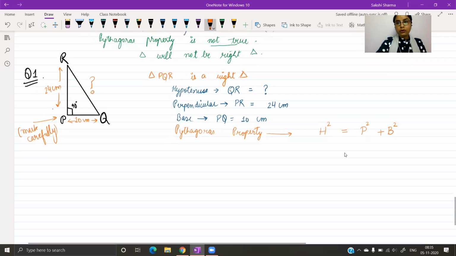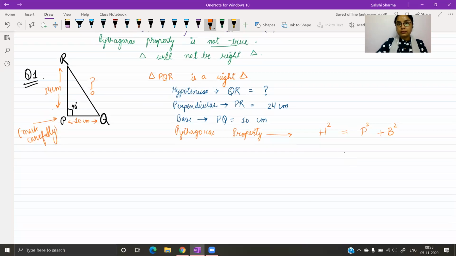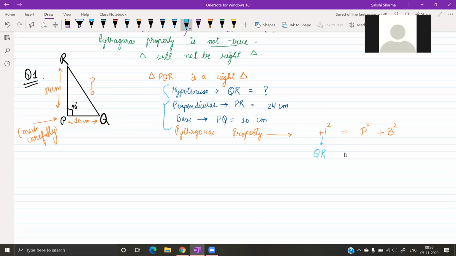Okay, now you need to put the values. What is the value for H? Find it from here. Tell me the name of H. QR. You can write X also. I'm just keeping the name.